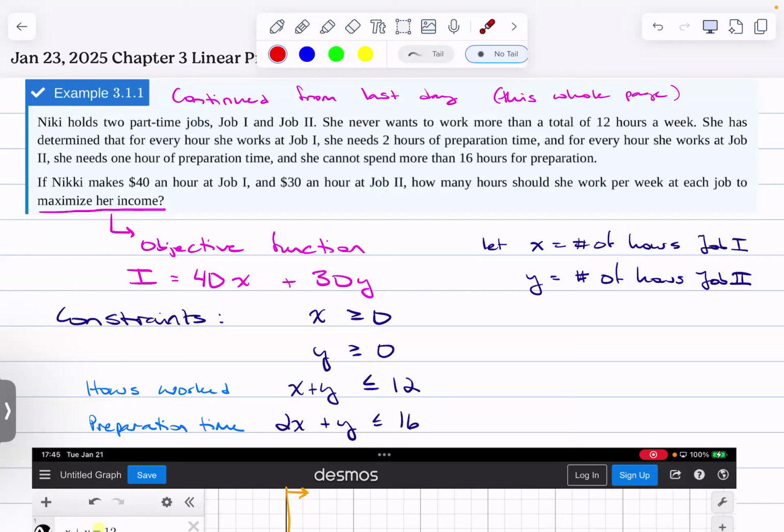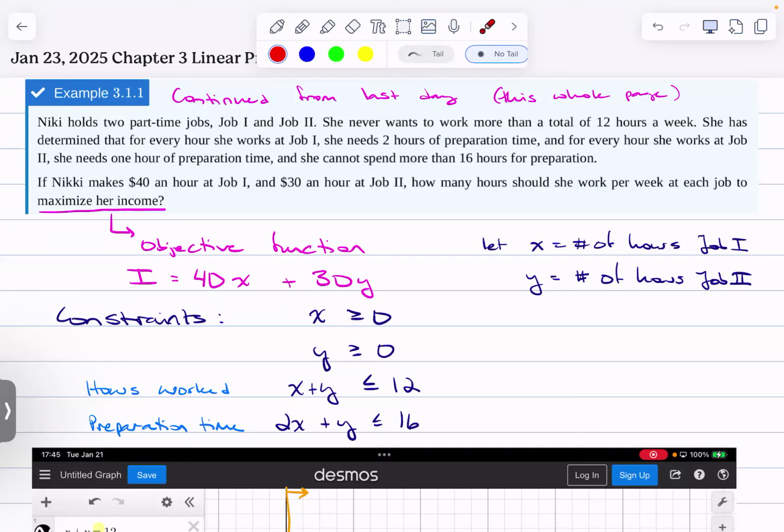Which meant that we built this objective function, as we call it, where the income is 40 times x plus 30 times y. Now that looks like a linear function to me, and it is, right? And so we're trying to figure out what XY combination gives us the highest possible income given these constraints.